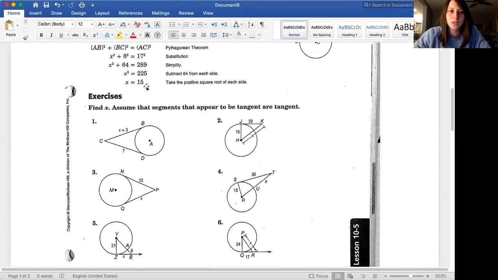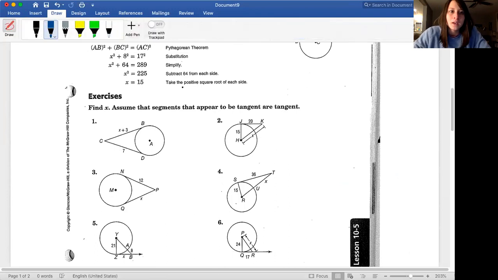Number 2 here. If you have a tangent, JK is tangent touching, grazing over the circle H. This is the radius. We know that this is a right angle.